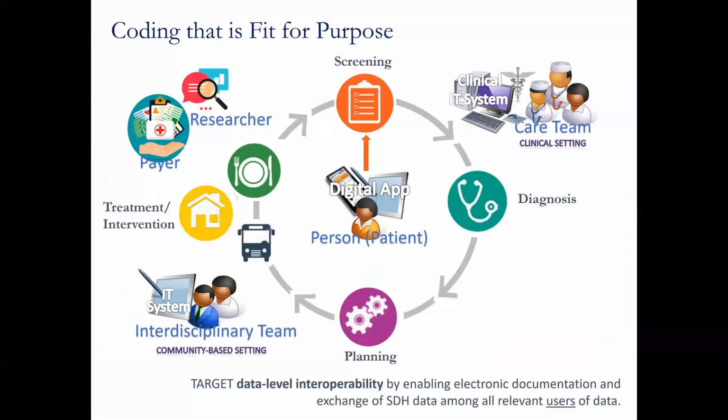The idea behind Project Gravity is for stakeholders to come together and work in a collaborative way to establish data definitions and find or request coded concepts that maximize the consistency and the interoperability for social determinant of health information.